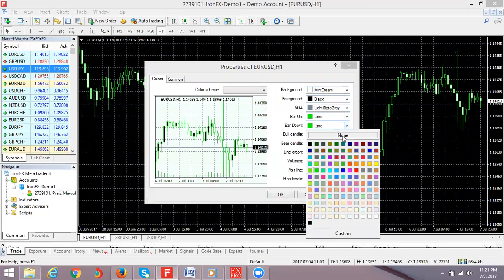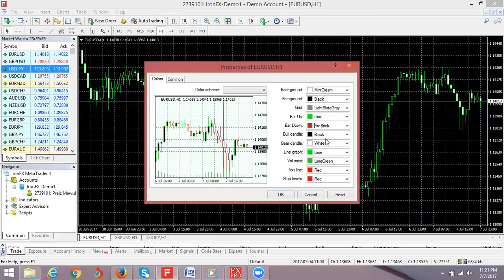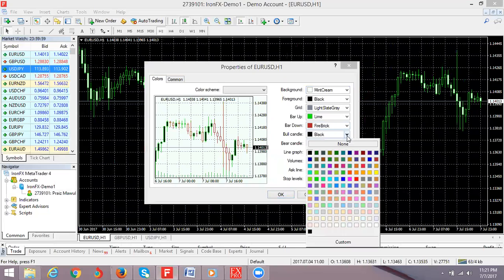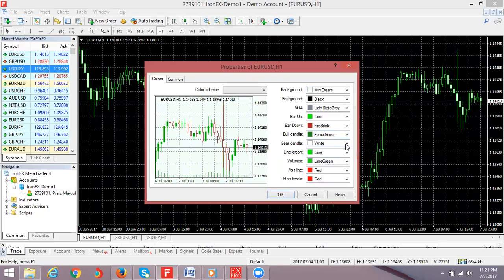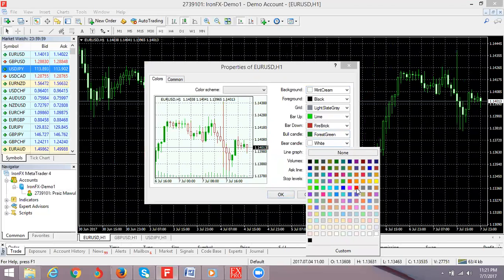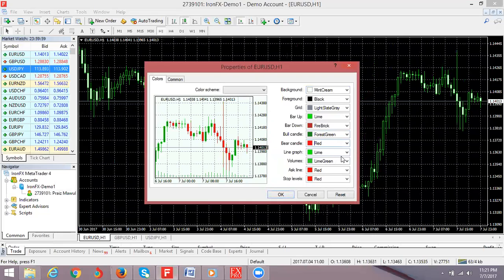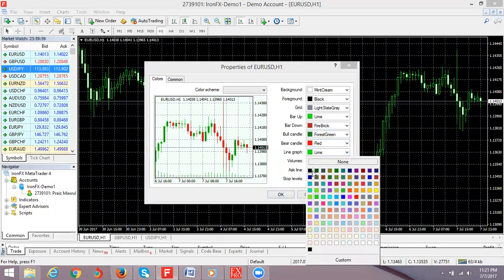Then bar down, I make it red or fire break. Okay, fire break, yes. Then my bull candle is normally green. Then bear candle is red. Then line graph, I like it to be black.